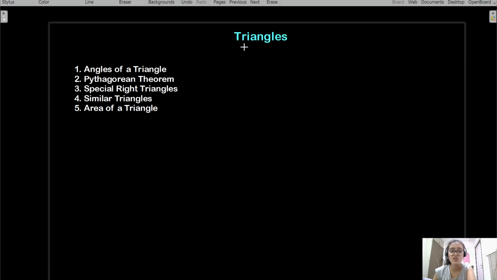So about triangles, the first one is angles of a triangle. And just in angles of a triangle, we have four concepts. So angles of a triangle is kind of one big concept. Then under this there are four smaller concepts that you need to know.